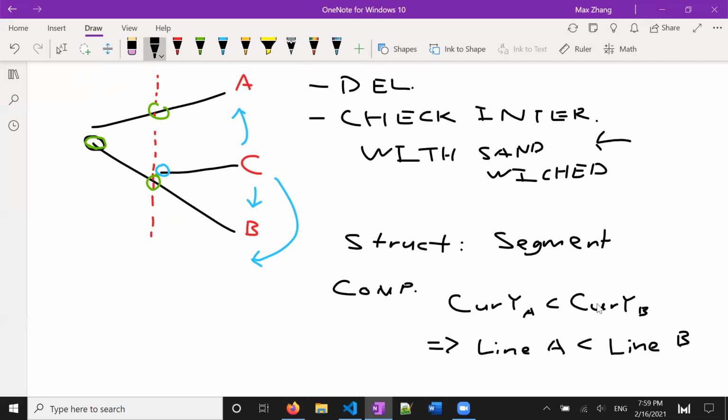So that's how we will sort these segments. I guess these aren't lines, they are line segments. So that's a fine detail to deal with.